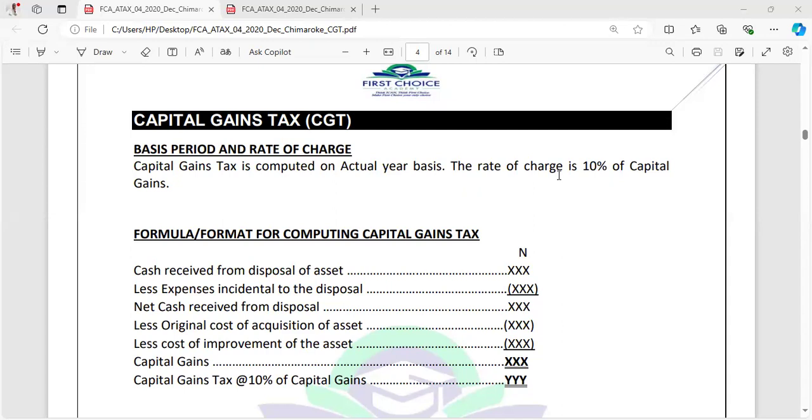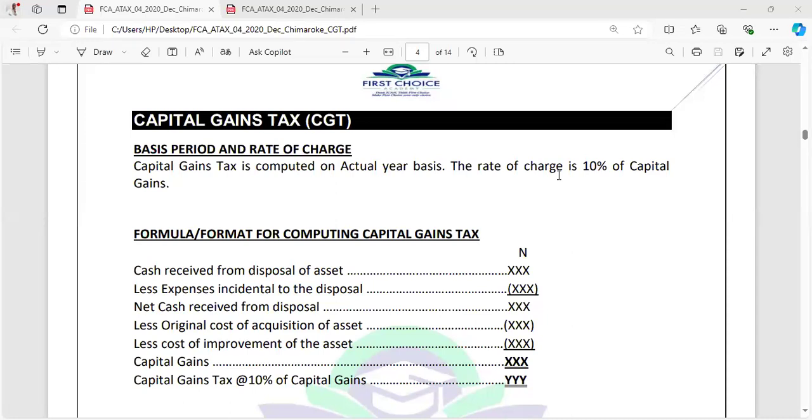Now you know that when you sell something and you want to make a gain, the gain is simply the amount the asset was sold minus the cost of the assets. That will be the gain. But let's look at the formula and see how we can compute capital gains.